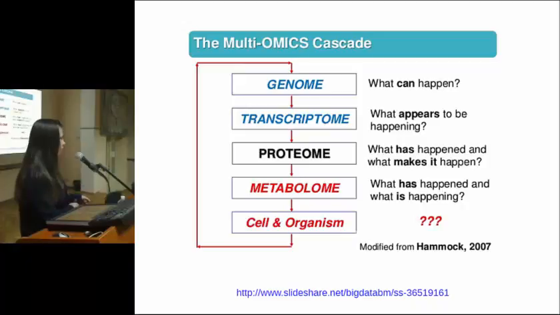Also, the question is, if we have all these branches of science to study specific processes, what kind of science or branch of science should study the organism and the cell and the whole system? And probably the answer is obvious considering the name of the presentation, systems biology.